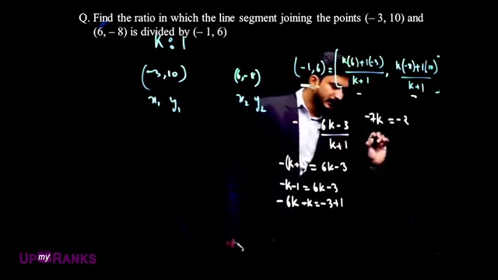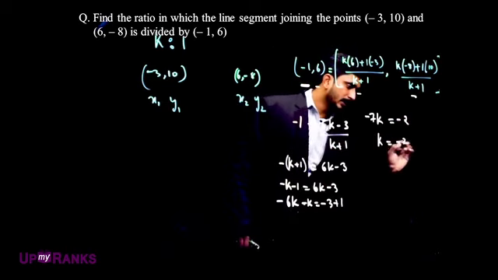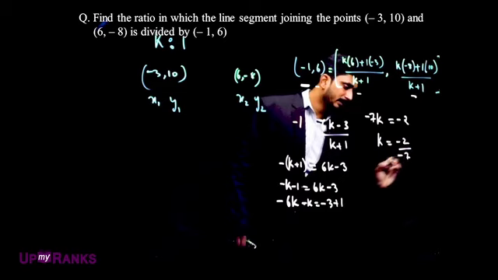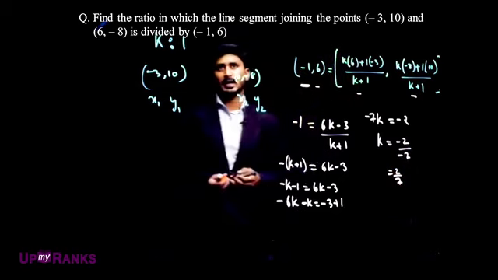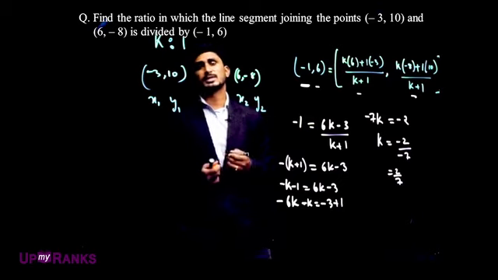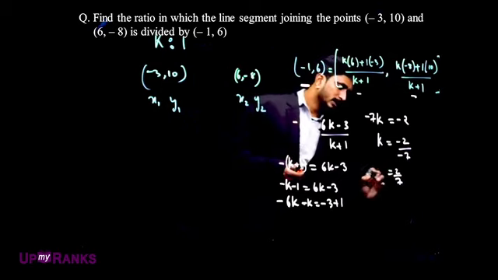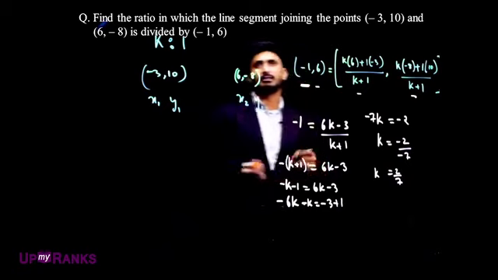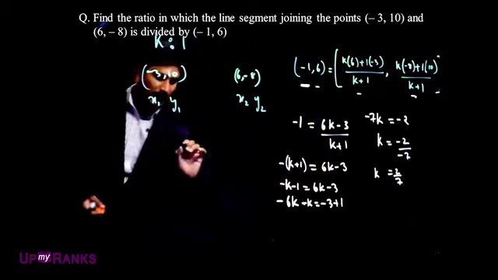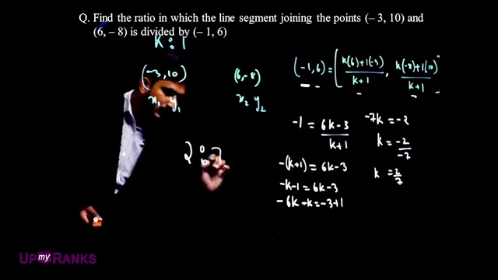So you have k is equal to -2 by -7, which is nothing but 2 by 7, which means that the ratio is nothing but 2 is to 7.